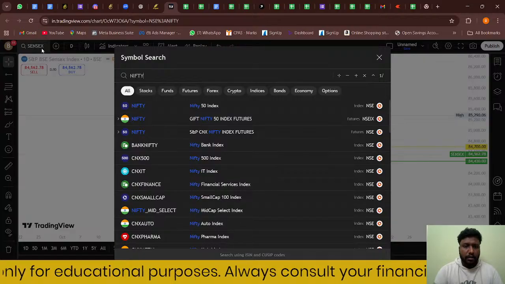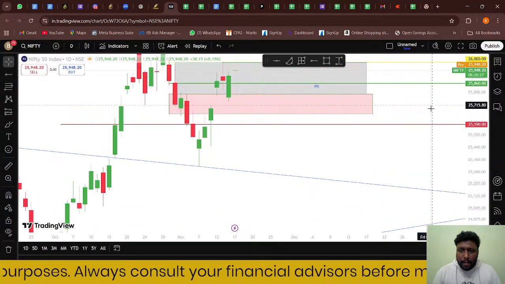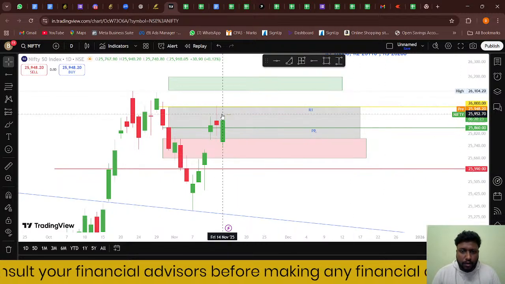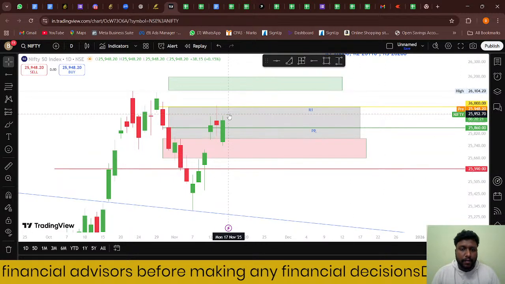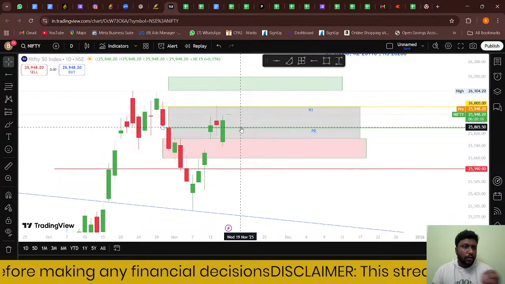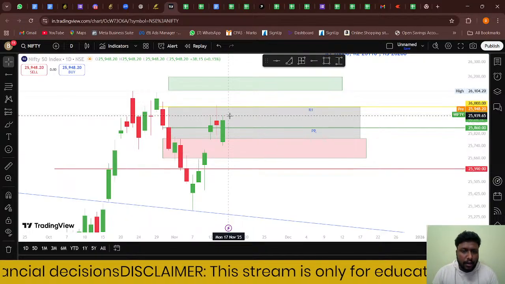So we will quickly see the pre-market where it is happening. The market is opening near to our first R1 only. So either you can plan a trade by waiting for a pullback to this down, which can only happen if there is an uncertainty in the market with respect to the direction, then only it will give a pullback.